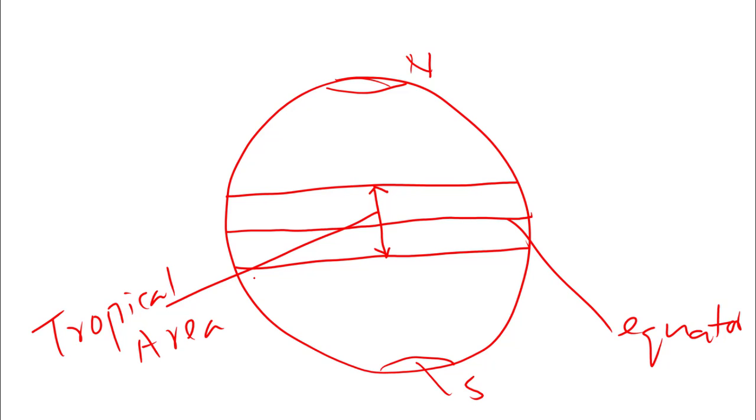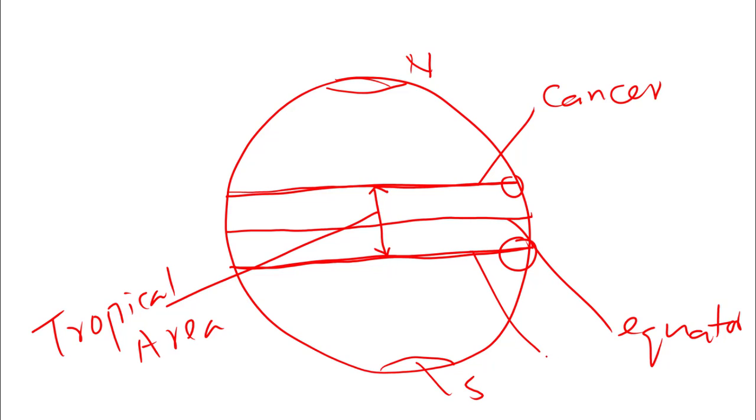Now these lines which mark the boundary of the tropical area on either side of the equator, this particular line on the north is known as Tropic of Cancer, and this one is known as Tropic of Capricorn, on either side of the equator.